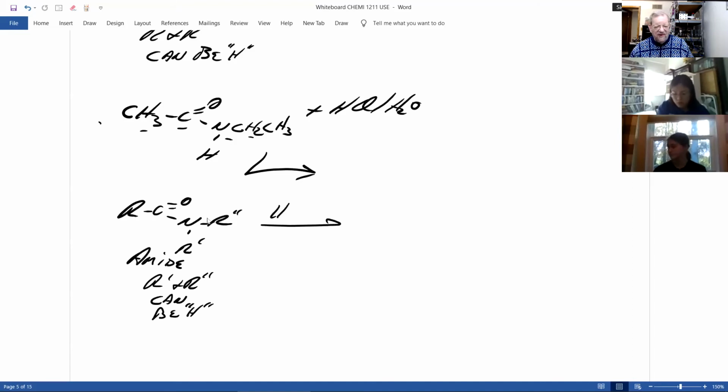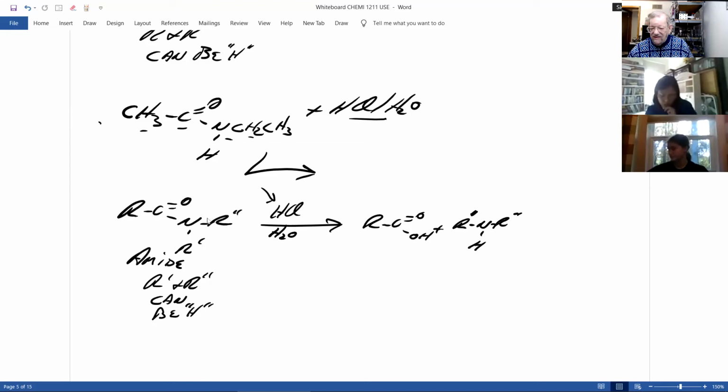And if we react it in here, I'll write it above and below the water, the arrow. I'm thinking ahead. This is the same as that. And what you get back is the carboxylic acid plus not the amine, but the amine salt of the amine, because in the presence of acid, the amine is protonated.